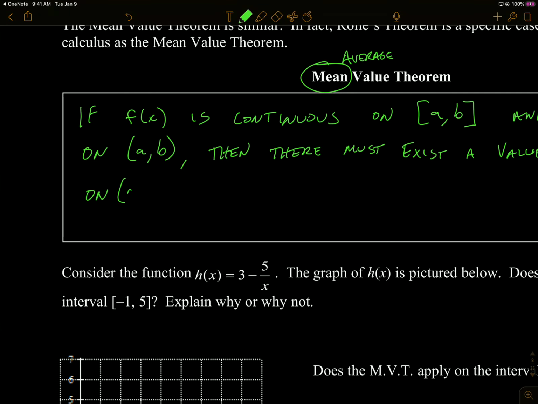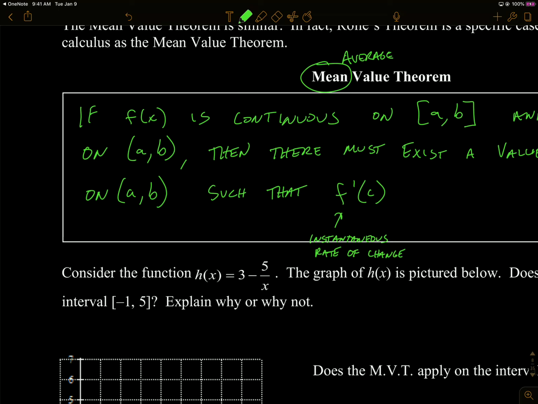Again, we're not considering the endpoints. So on the open interval (a, b), such that the instantaneous rate of change, which is f prime of c, which is really the derivative at a certain x value.